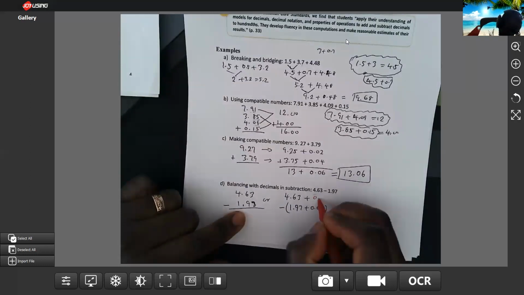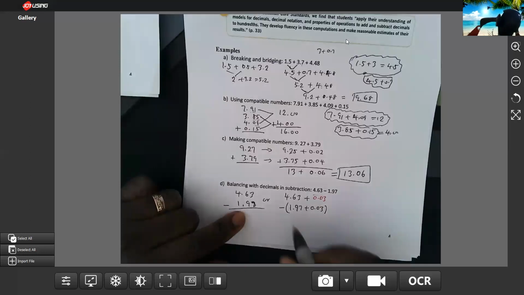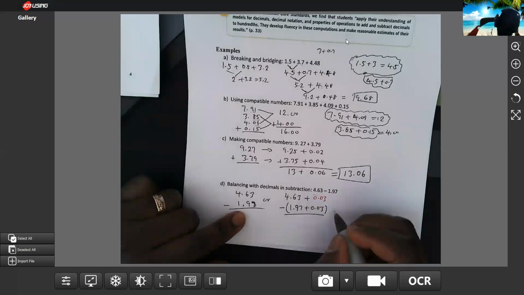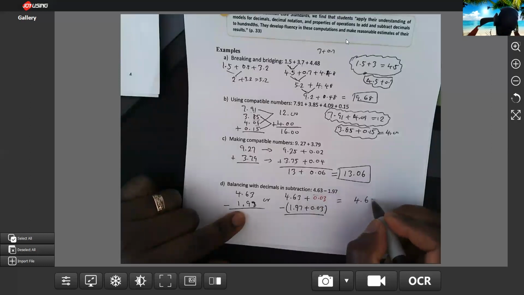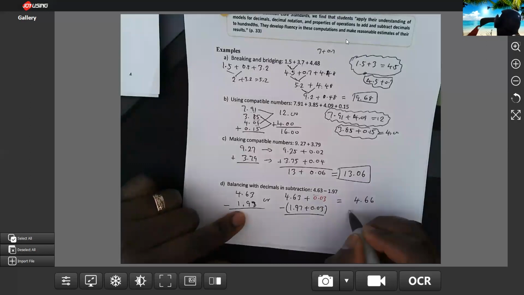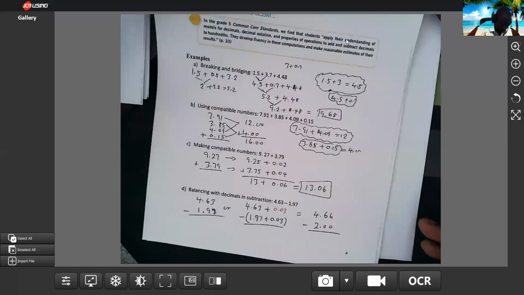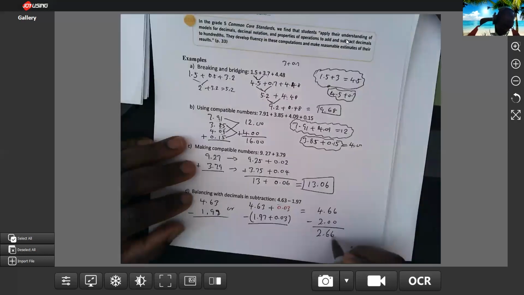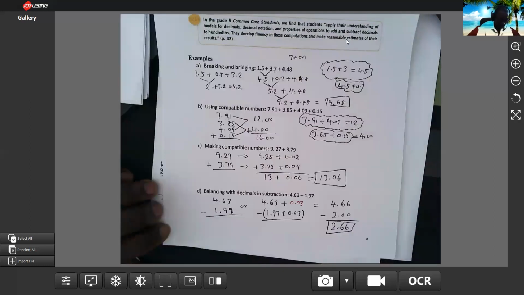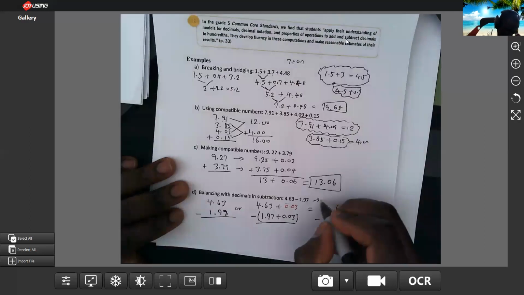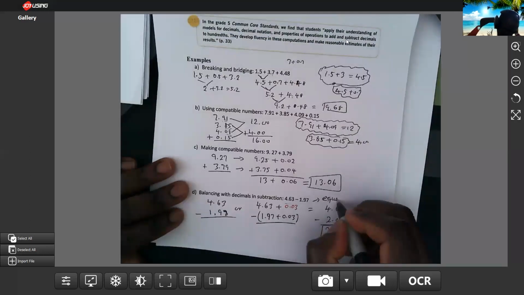The minuend, 0.03. Okay, so the same problem, then the top becomes 4.66. Okay, and then I subtract what? 2.00. So it is easy to subtract a whole number from a decimal, and this will be what? 2.66 as my answer. Okay, this works like what? Equal addends.